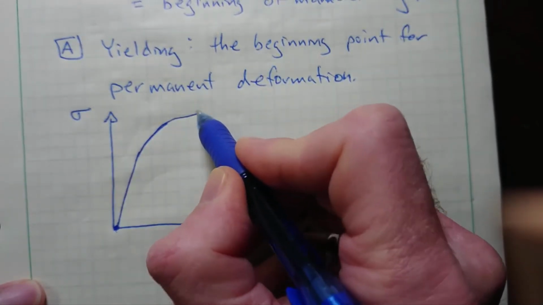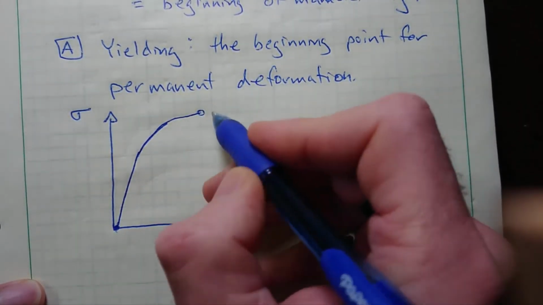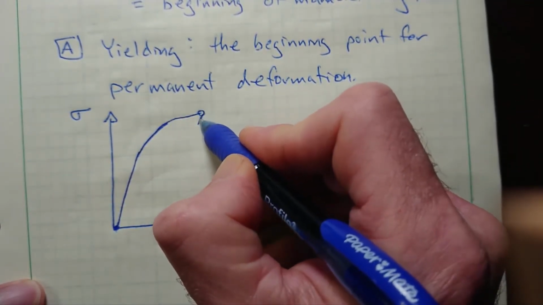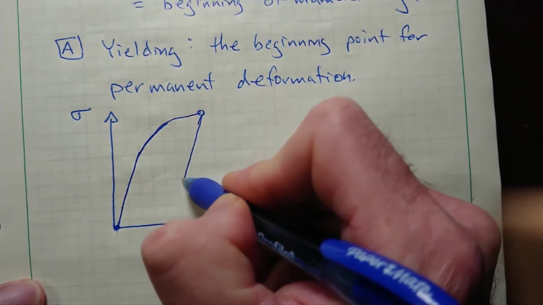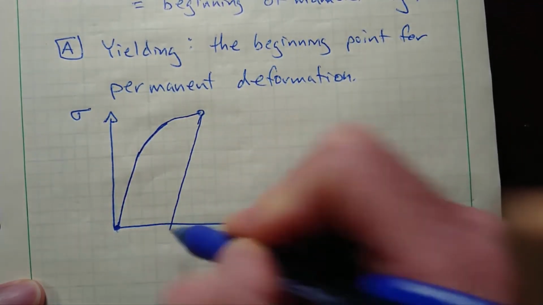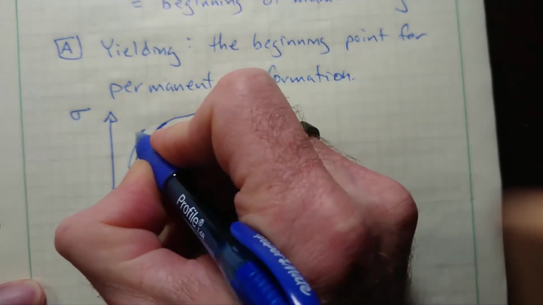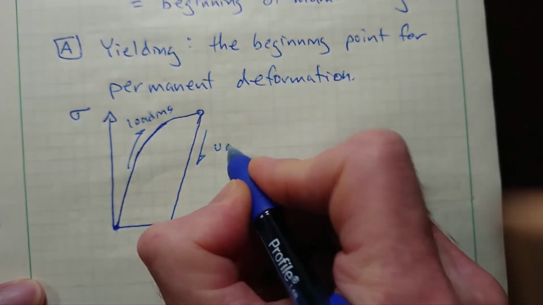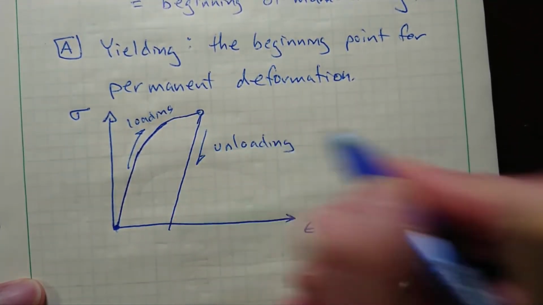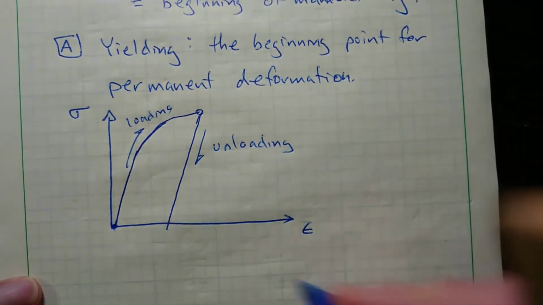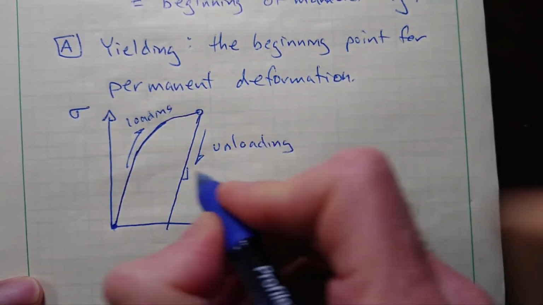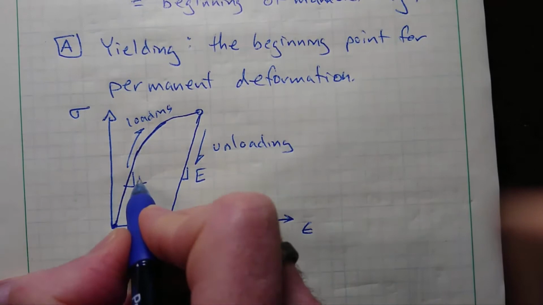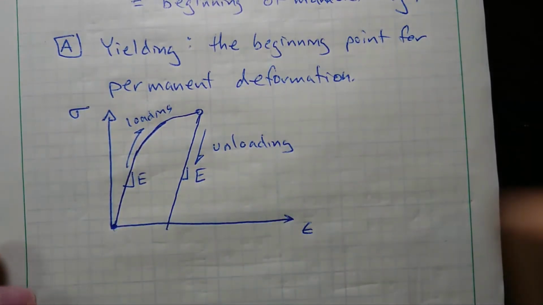If I was to unload the sample at that stress right there, then the strain would be recovered at a rate proportional to the elastic modulus. So here I'm loading it, and here I'm unloading it. And the slope of that unloading curve is the same as the initial slope of the loading curve.